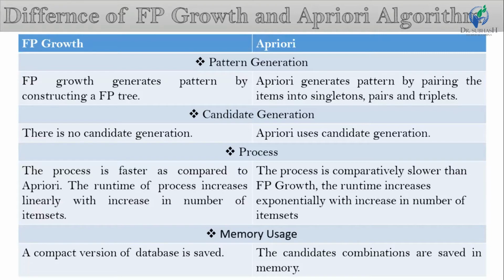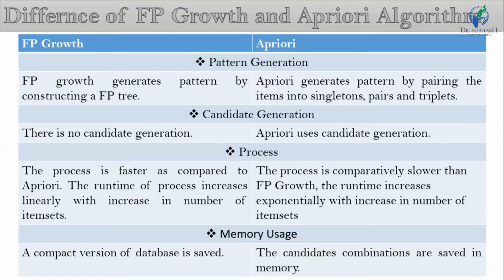The runtime increases linearly with the increase in number of itemsets, while in Apriori, the process is comparatively slower than FP growth. The runtime increases exponentially with the increase in number of itemsets.